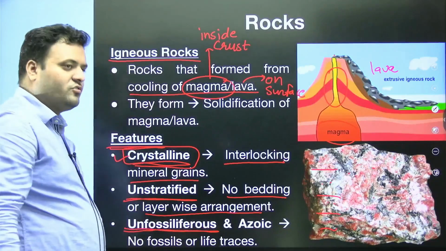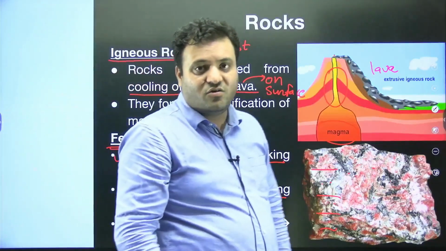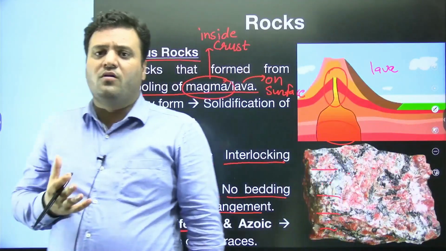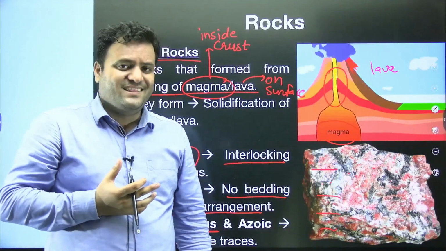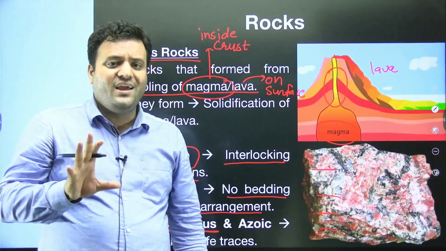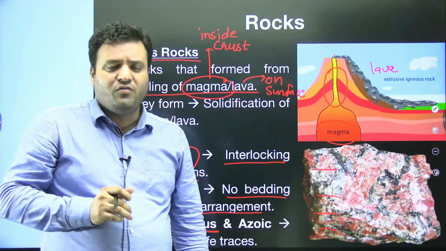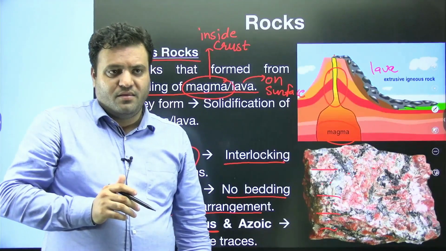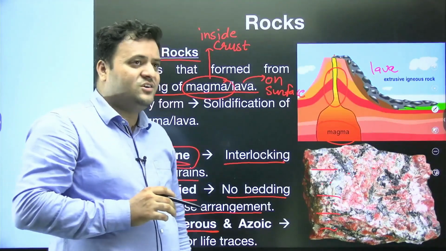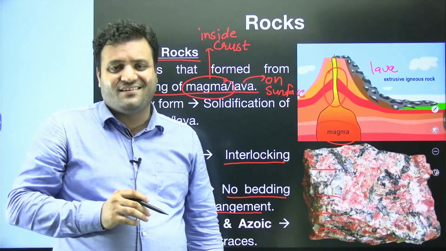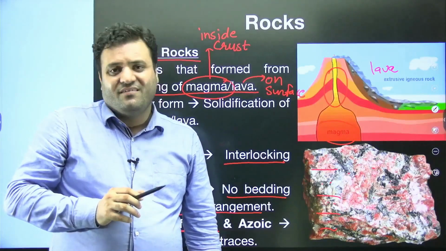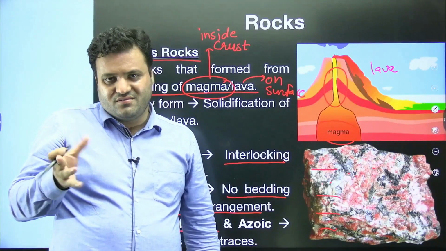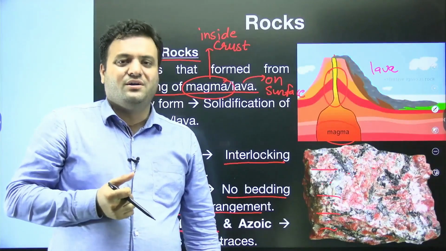These rocks are unfossiliferous. These rocks are azoic, meaning there is no trace of any living form of life in this set of rocks. In these rocks you won't find any fossil deposits or any evidence regarding life on Earth, because this rock is the result of intense heat and pressure, at which no living organism could survive.